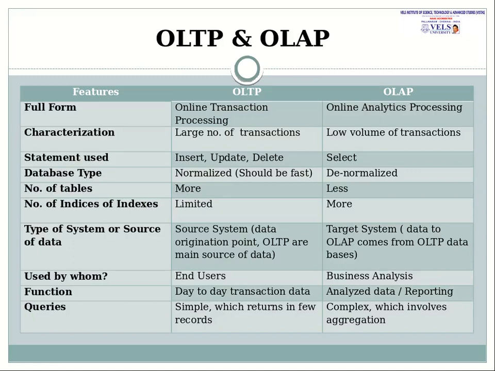And what database types are used in the OLTP system and the OLAP system? Here the OLTP system is normalized. The purpose of normalization is dividing a table into a well-structured form. Once normalized tables are used in this system, adding, deleting or updating is very easy and fast.